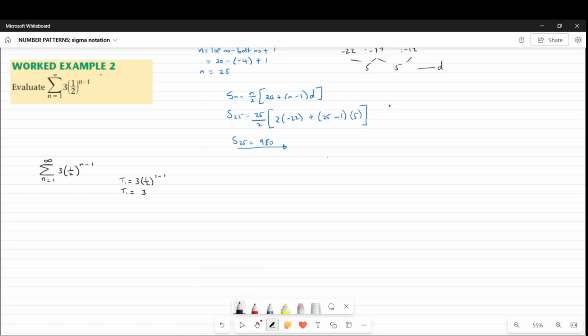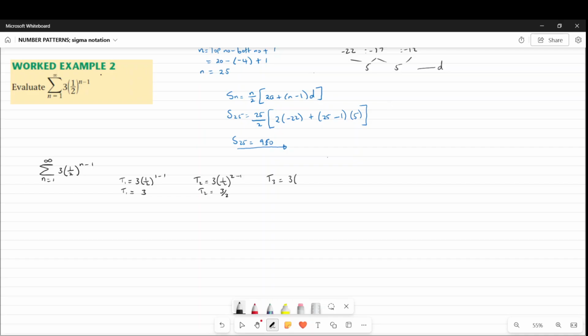Now let's get our T2. T2 will be 3 open bracket 1 all over 2 close bracket to the power 2 minus 1, right? So T2 is going to be 3 all over 2, right? Now let's get T3.